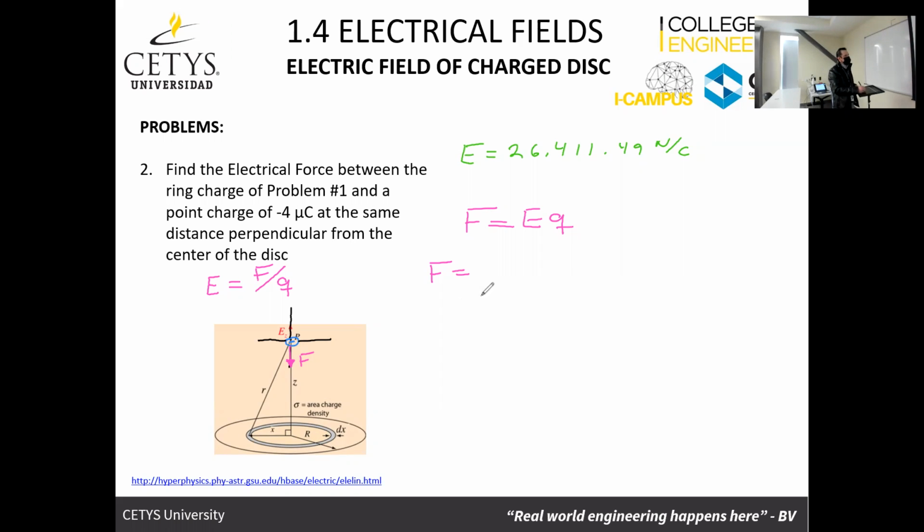And so in this case, the force that's being exerted on that charge is going to be 411.49 newtons per coulomb multiplied by the charge, which in this case is 4 microcoulombs, 4 times 10 to the -6 coulombs.